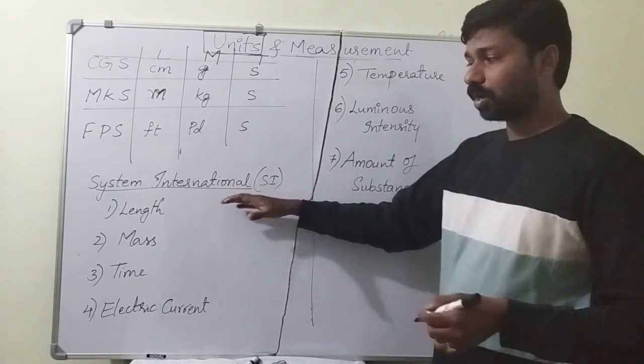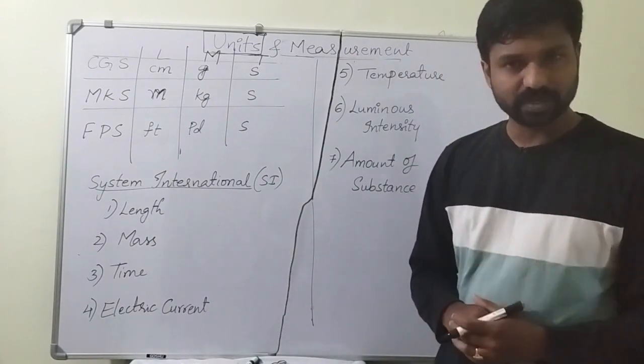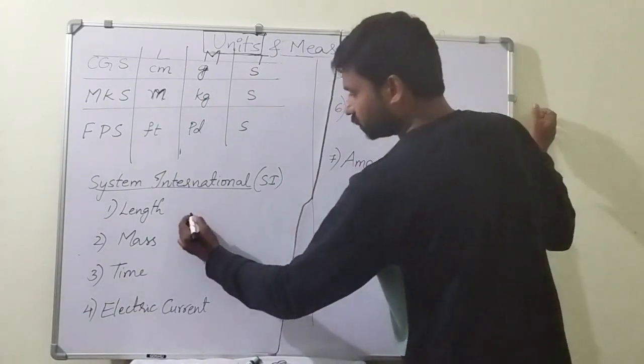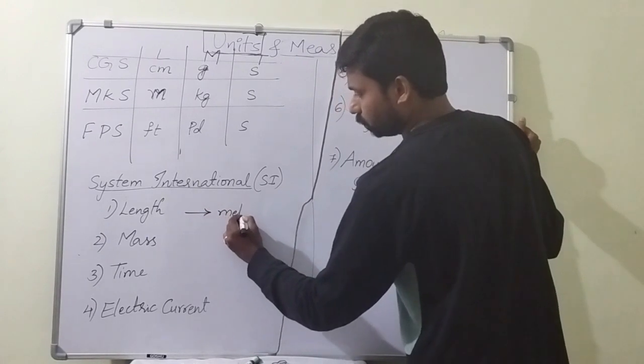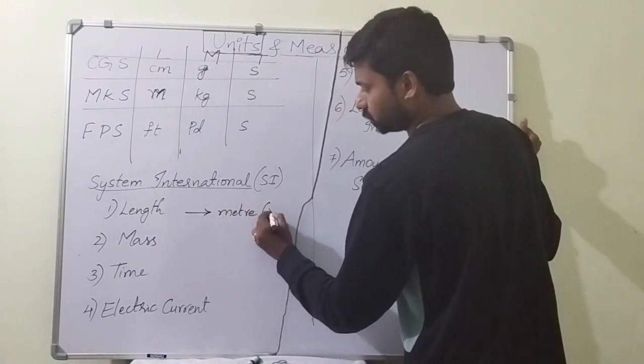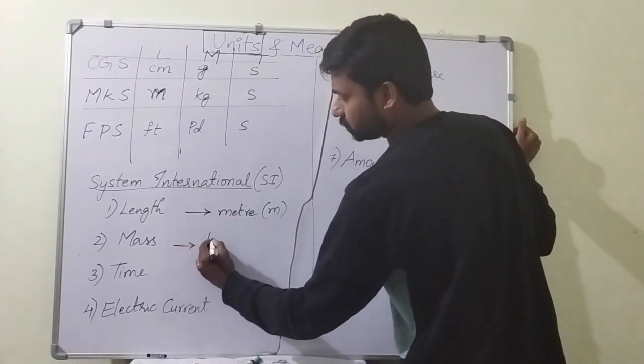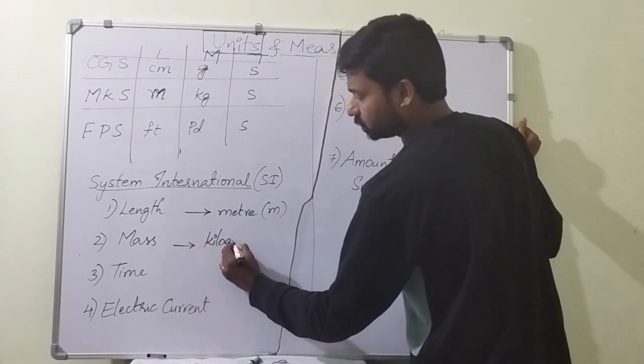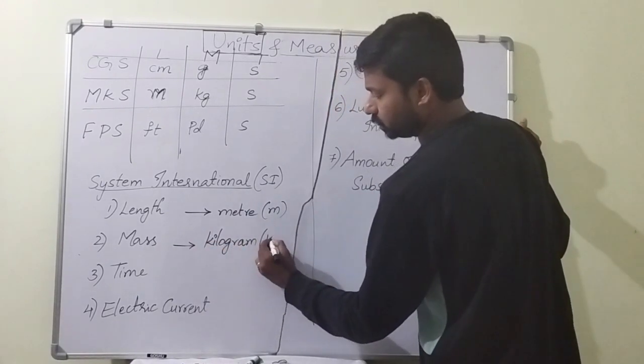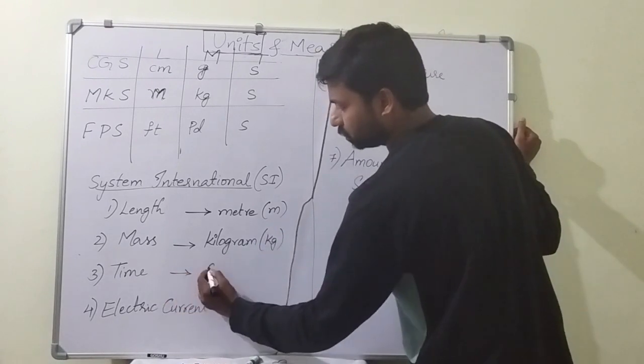Surely these physical quantities have their own units. For length, it is meter, represented by small m. Mass is kilogram, represented as kg. Time is represented in second.